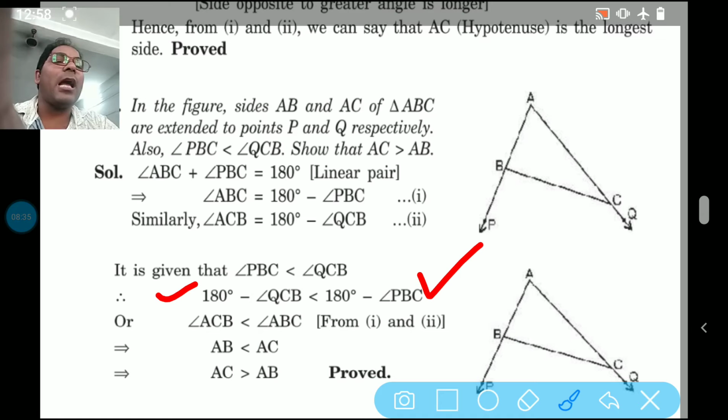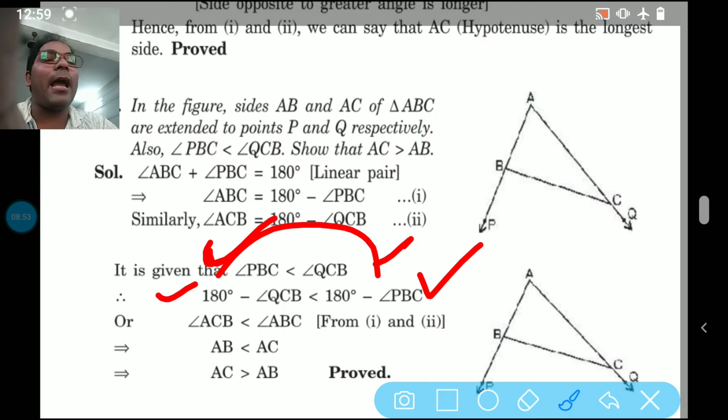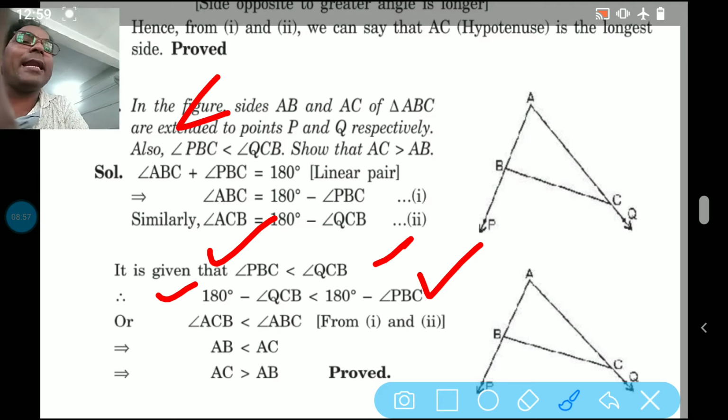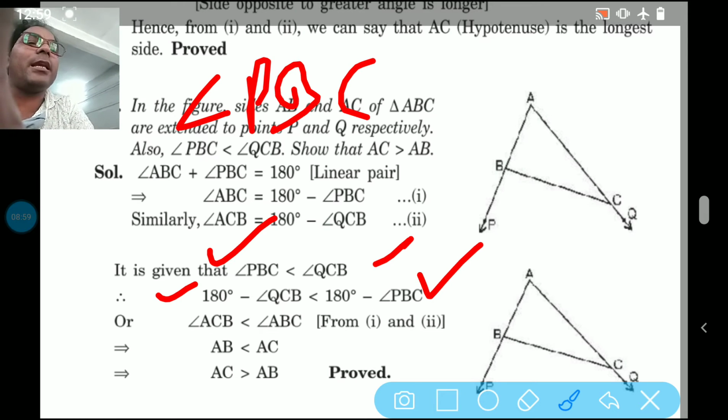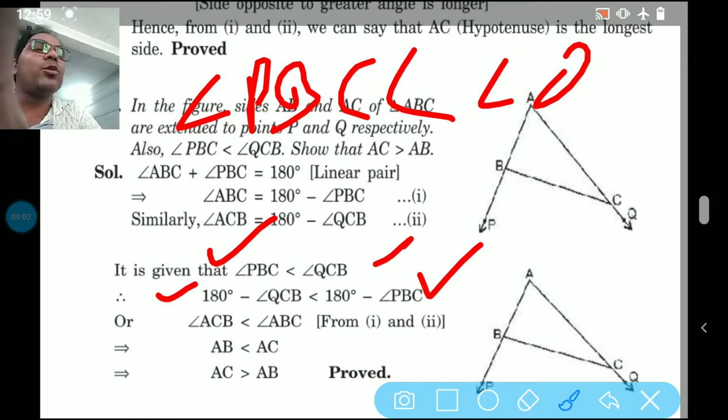How does it come? Okay, this is the main problem, how you can write this. One more thing you can understand like this: angle PBC is less than angle QCB.